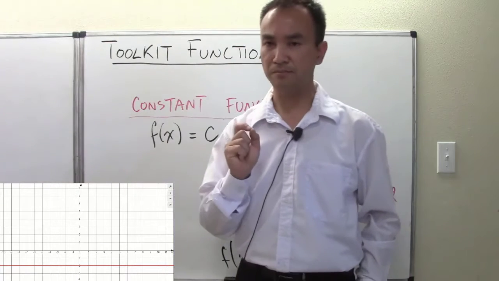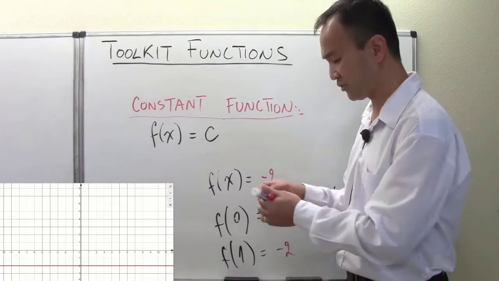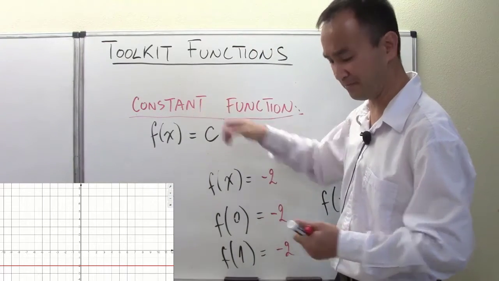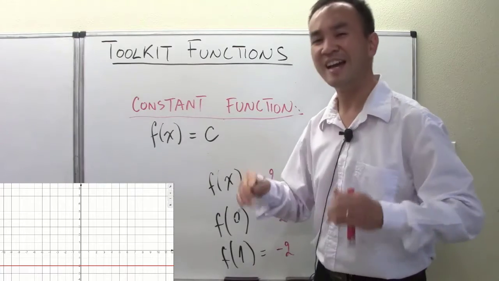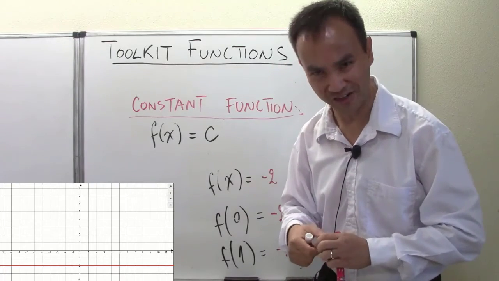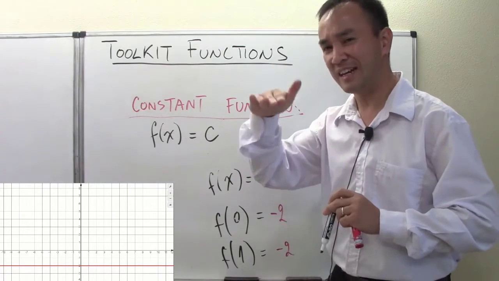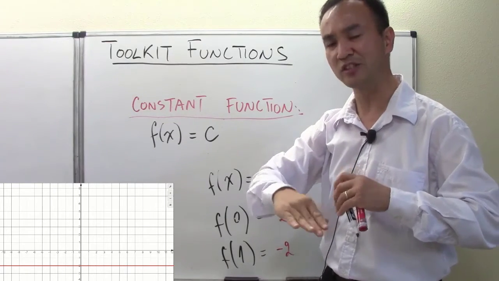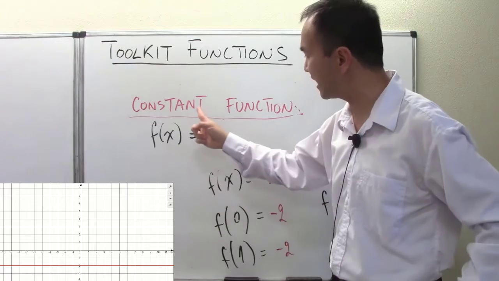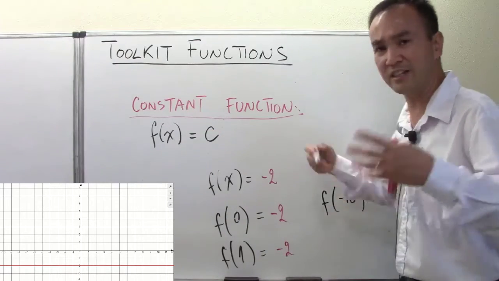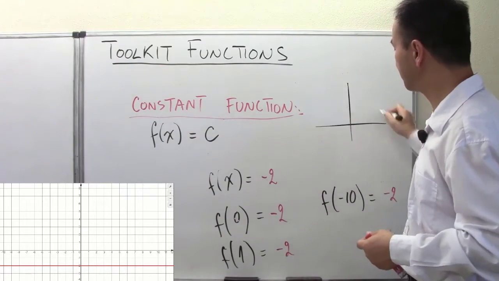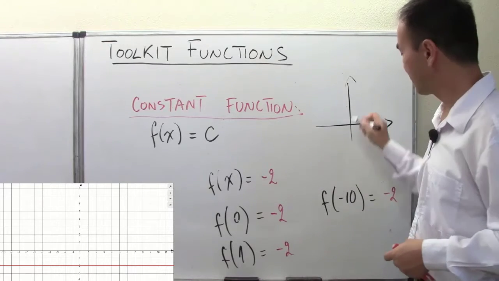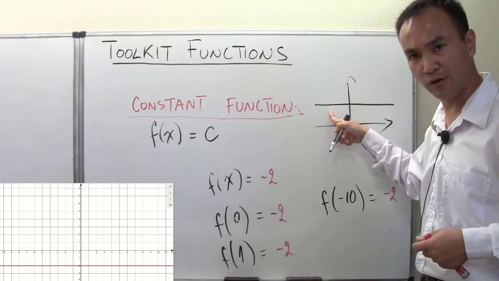And so as a main characteristic, anytime we're looking at a constant function, start having in your imagination that you've seen a horizontal line and you see another horizontal line. So generally speaking, anytime we're looking at a constant function, the graph, I can just close my eyes and draw it. That's the graph, a horizontal line right here.